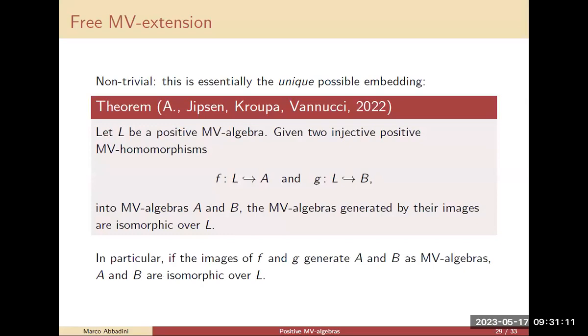If I have a positive MV-algebra and I embed it into two possibly different MV-algebras, and I take the MV-algebras generated by these two embeddings, then these are isomorphic over L. So in particular, if I take the images of F and G and they generate A and B as MV-algebras, A and B are isomorphic over L.